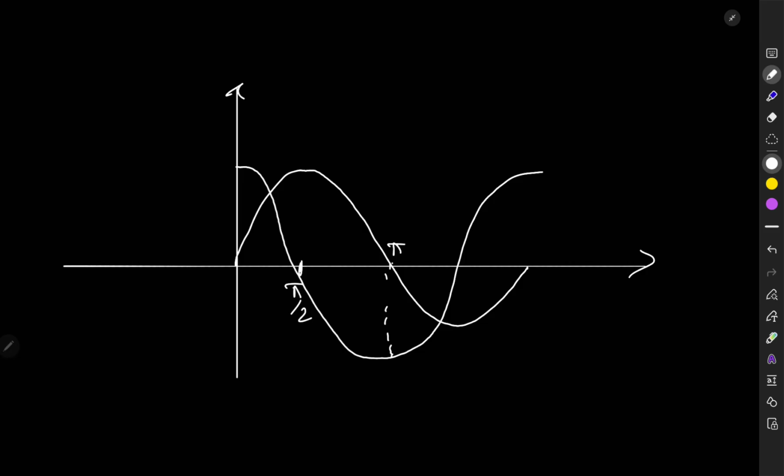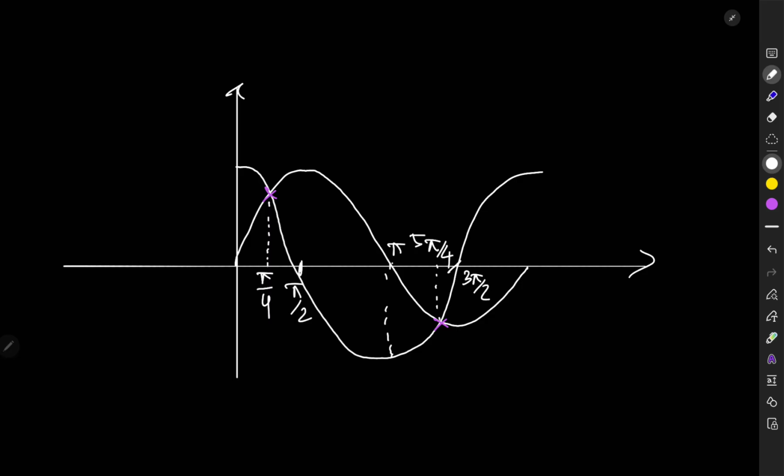Now we know this is 3 pi by 2. If you closely observe, at the point of intersection their values will be equal for sure, right? So what is the point of intersection? It is going to be pi by 4. And what is this point of intersection? It is going to be 5 pi by 4.